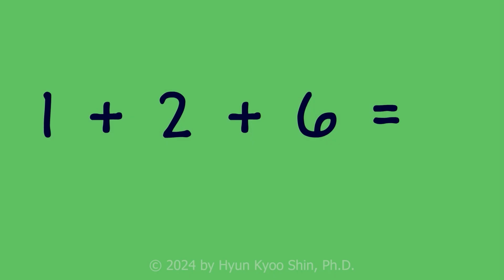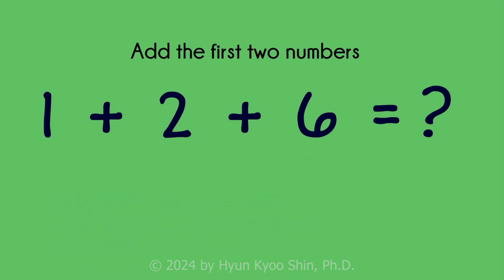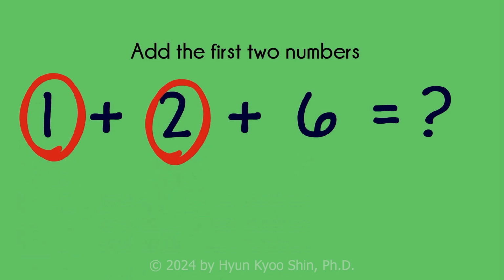1 plus 2 plus 6 is equal to... 1, 2, and 6 are whole numbers. Add the first two numbers. 1 plus 2 is equal to 3.